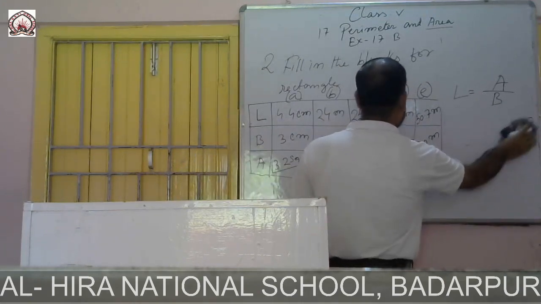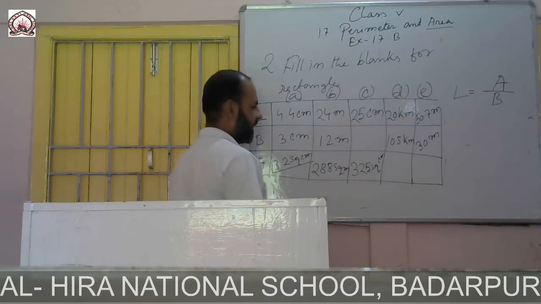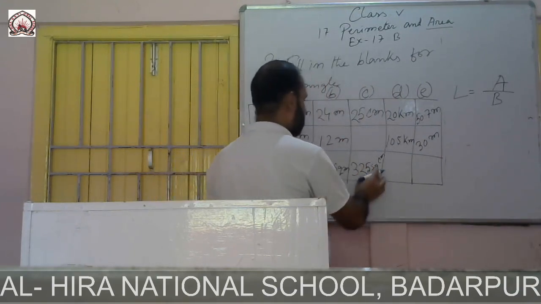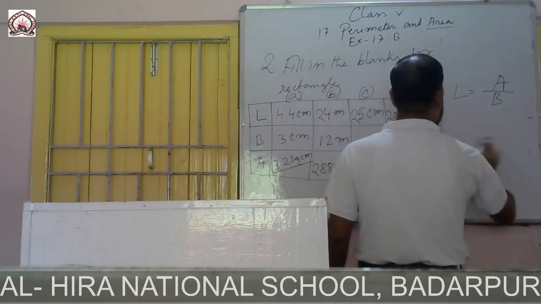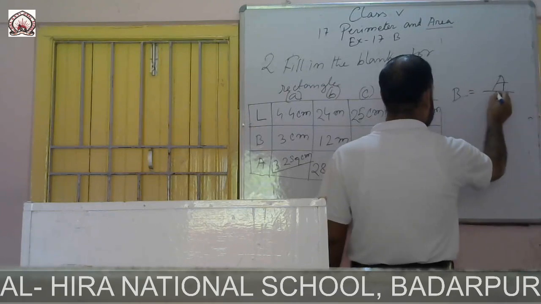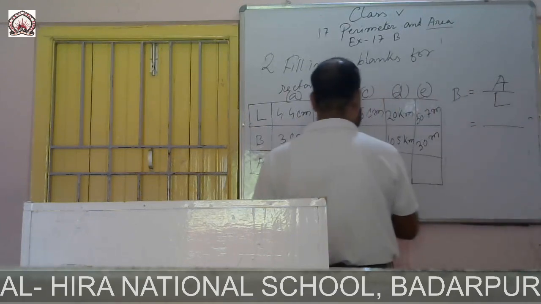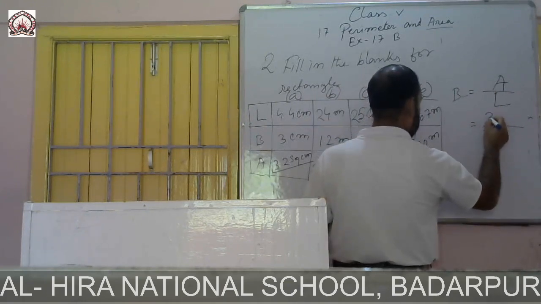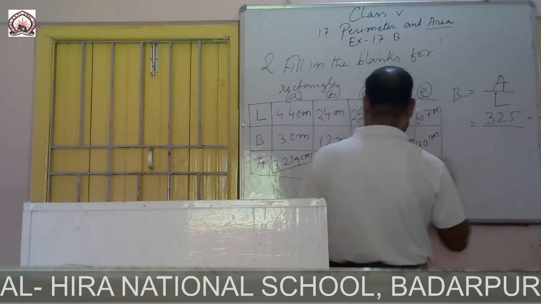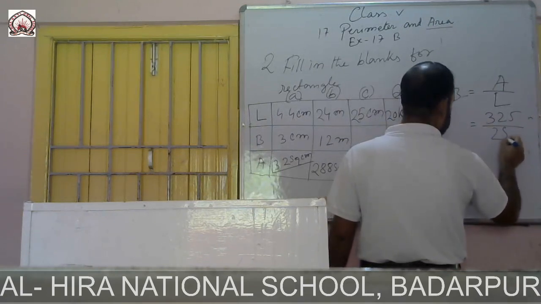Next we find out breadth. Length given is 25 and area given is 325 square centimeter. So breadth equals area by length. Here area equals 325 and length equals 25.